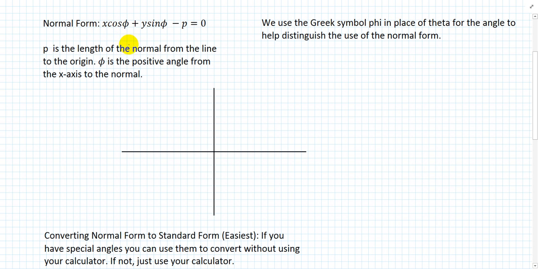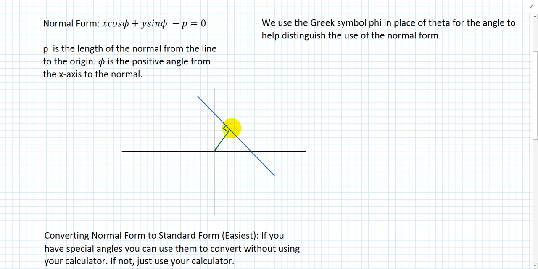I'm on page 463, if you want to turn to that, it might help you see this. First, I need to show you a line and the normal to that line. If I start from 0, 0, I come to here and make a right angle.